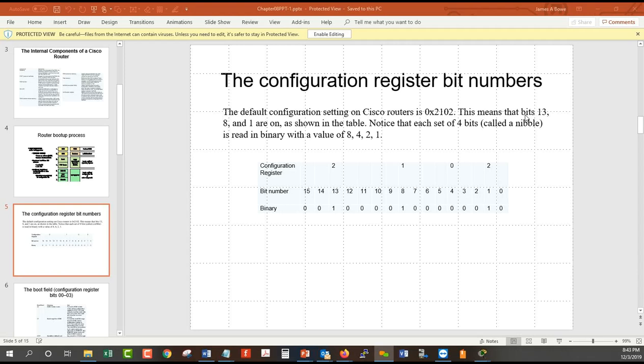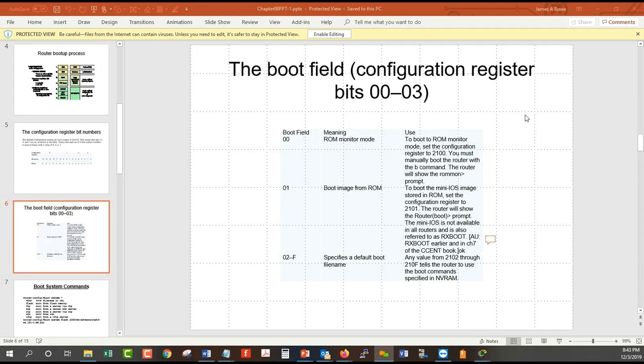So if I change this 0 to a 4, that means down below it's going to be 0, 1, 0, 0. Those 4 bits right there, 0, 1, 0, 0, and that's going to change that to a 4. But thankfully, we don't have to work on this in binary.